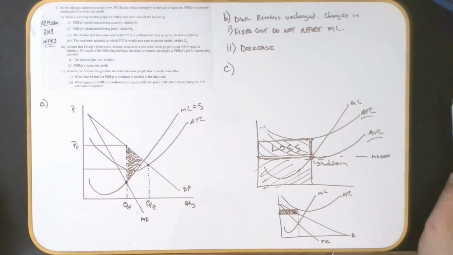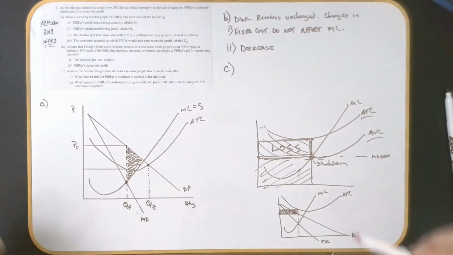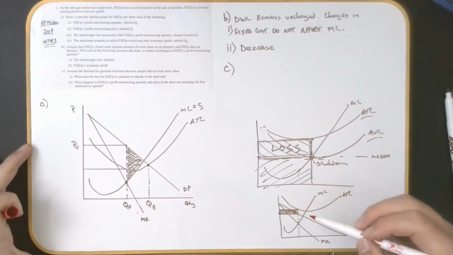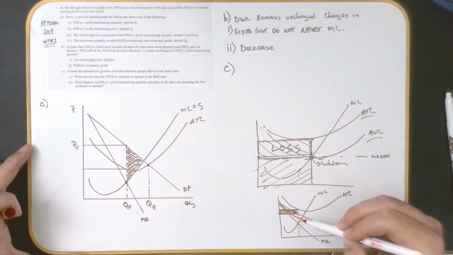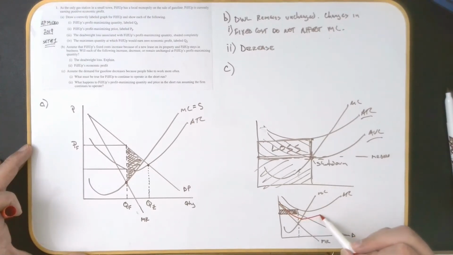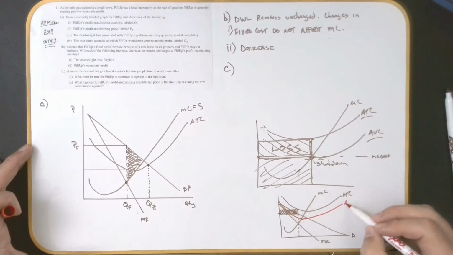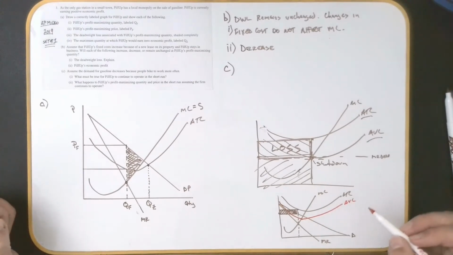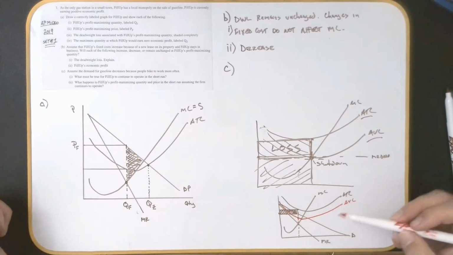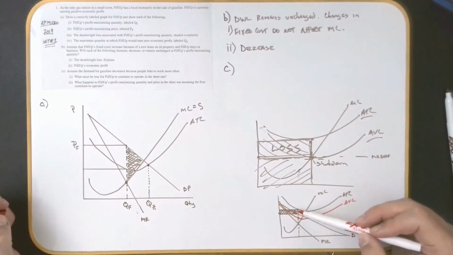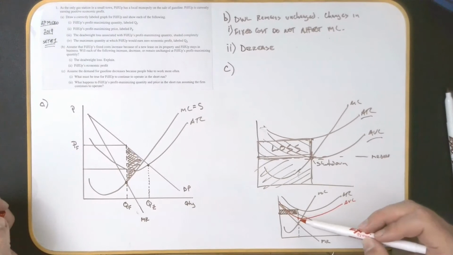So I'm going to draw that in here now. I'm going to do that in red. Pretend your variable cost curve did something like this. There's your shutdown point right there. And there's your average variable cost curve. And you would look at this and you would say, well, at the profit maximizing quantity right here, by being open, you're making more money than you would if you closed.